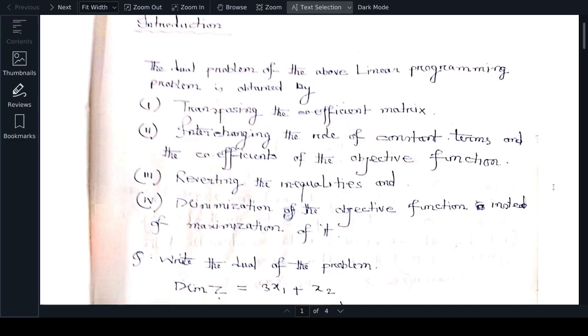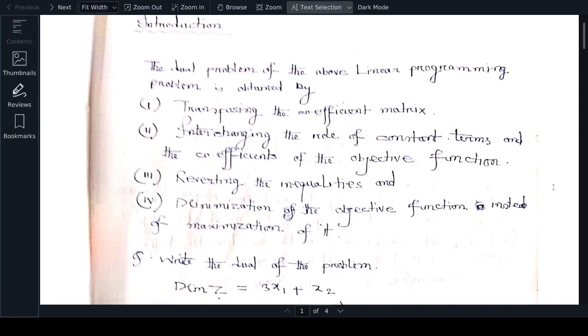Next one is interchanging the role of constant terms and coefficients of the objective function. It means that in the given problem we interchange the constant terms of the linear programming problem and the coefficients of the objective function.